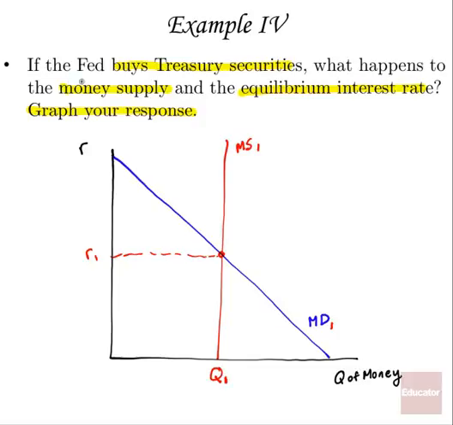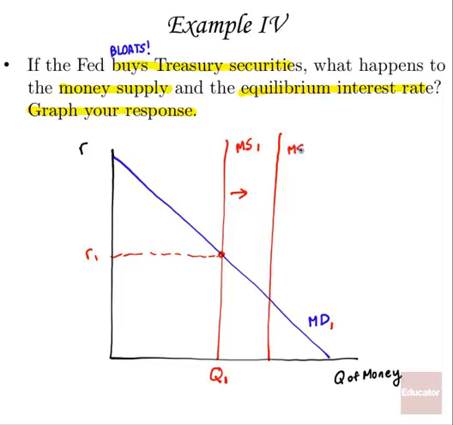So if the Fed buys government securities, try to recall what happens. In the previous example, when the Fed sells government securities, it shrinks the money supply. Well, if the Fed buys government securities, it bloats, or increases, the money supply. So the money supply is going to shift to the right here.